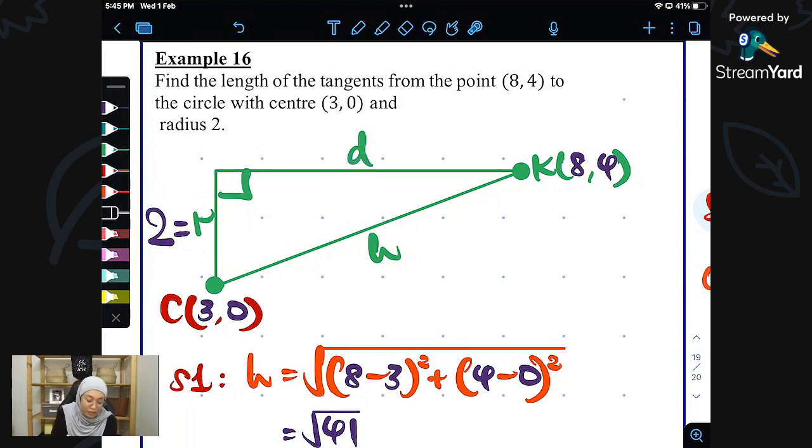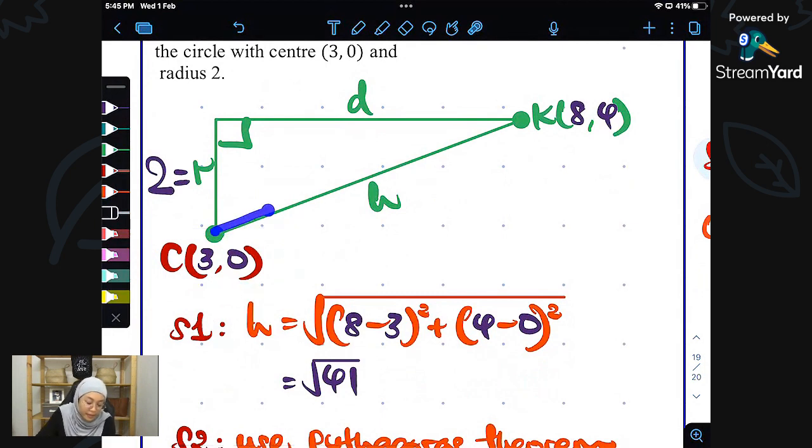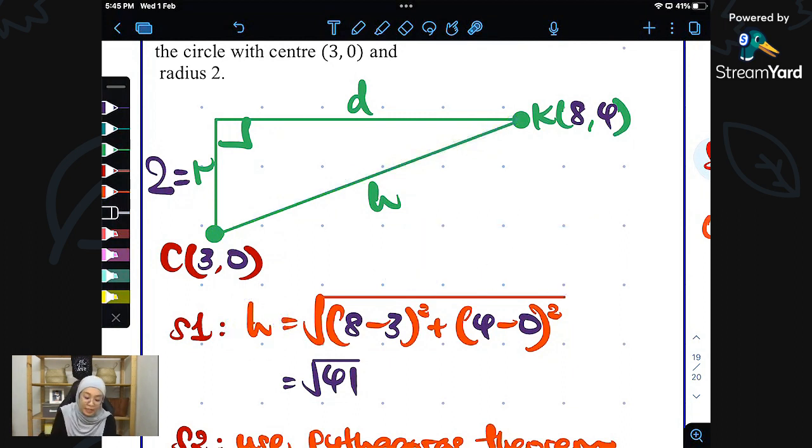Okay, so we are given the center. Okay, so our job is just to find the distance of the hypotenuse here. Okay, so find the distance of this hypotenuse by using the formula of the distance, x2 minus x1, the whole thing squared, blah blah blah. You know it. You sub in 8 minus 3, the whole thing squared, 4 minus 0, the whole thing squared.